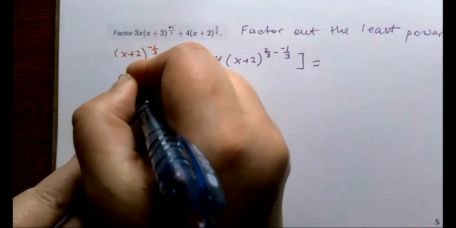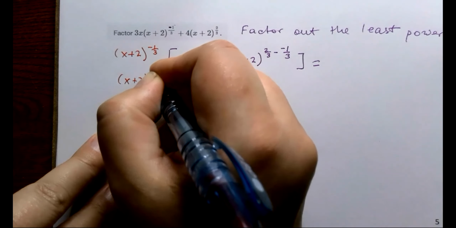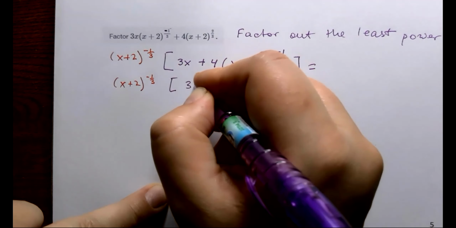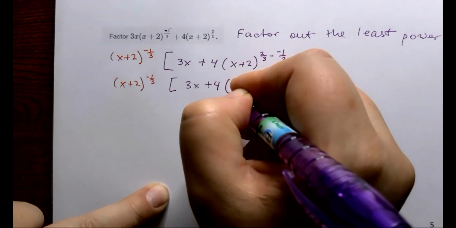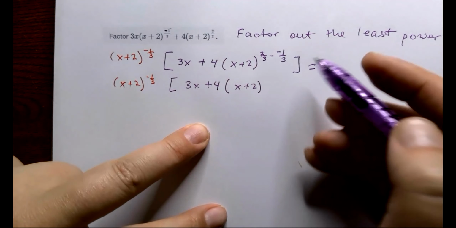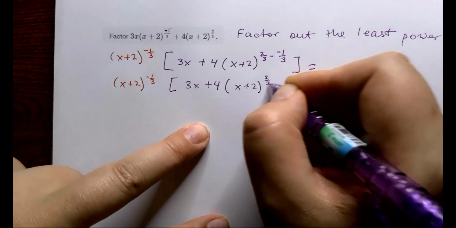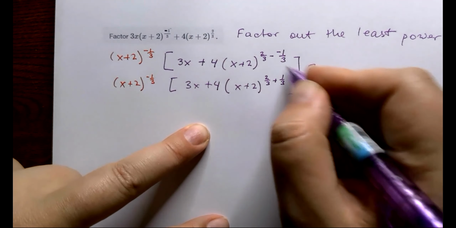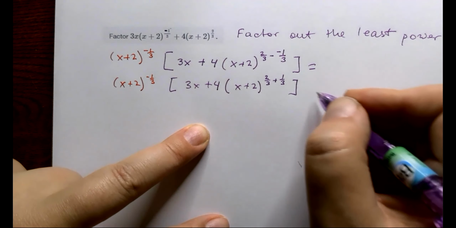So we have (x plus 2) to the negative 1/3, so I'm copying it, times (3x plus 4), and for x plus 2, what happens to the power? We have 2/3 plus 1/3. Well, that's a full 1, correct?